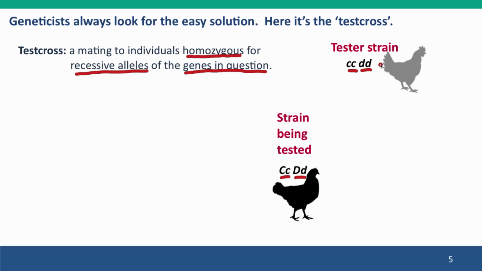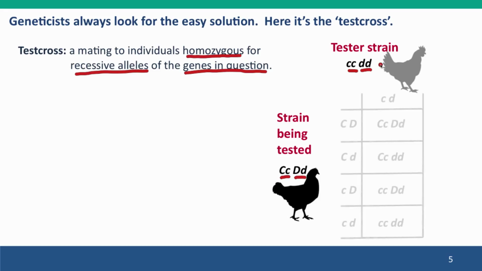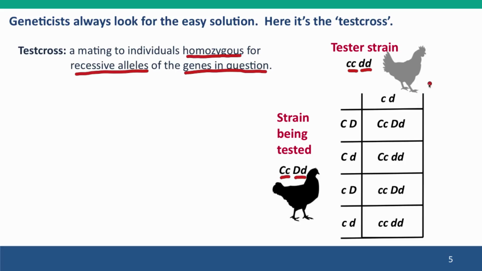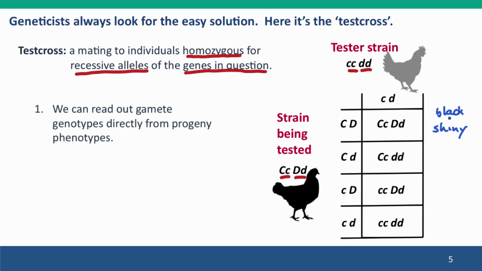This is extremely useful because in the offspring, we know that they always have one recessive allele of each gene, so that any time they display the dominant phenotype, for instance, a bird is black or a bird is shiny, it must have gotten that allele from this parent, not from the tester strain.